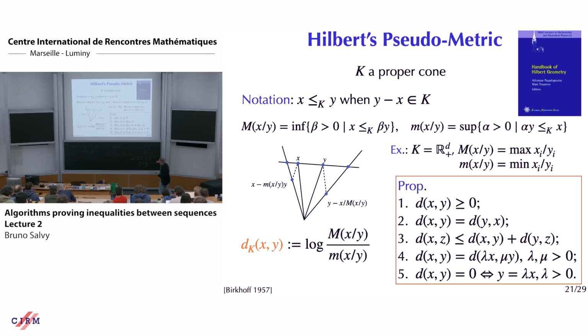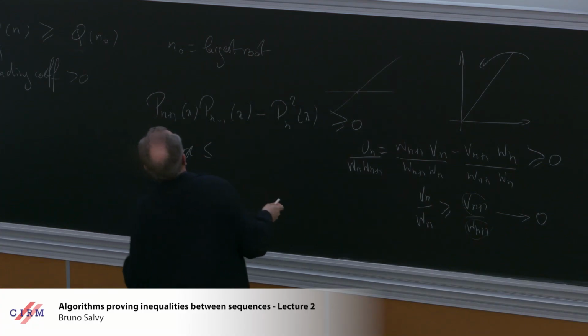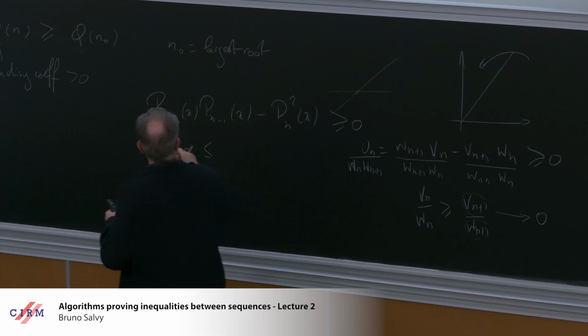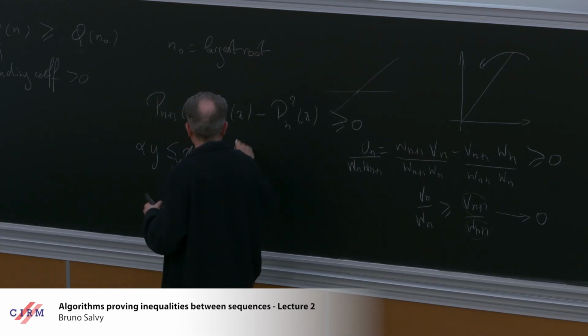Well, you see, you have x, which is between an alpha y and a beta y.